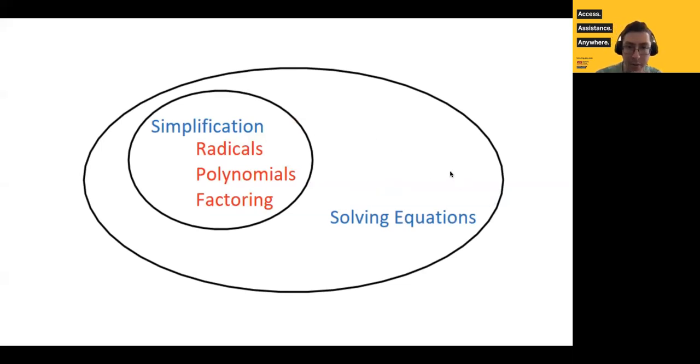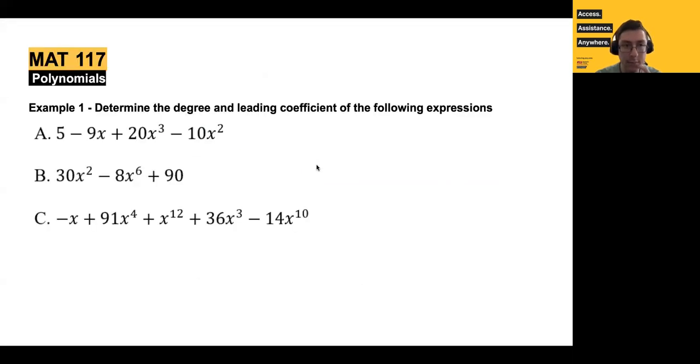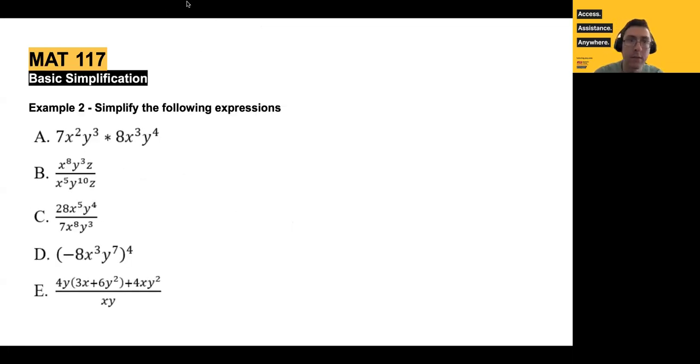So first, I believe we'll be doing simplification. Or actually identifying features of polynomials. So if I can annotate. Okay, so first, or wait, did I just go to the next slide, or did I go to the previous one? How do I go to the previous one?